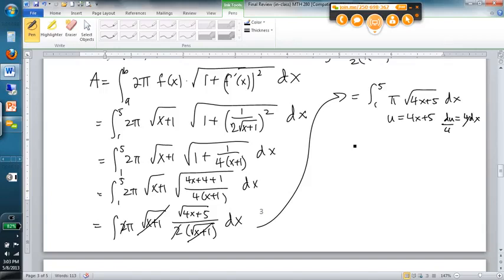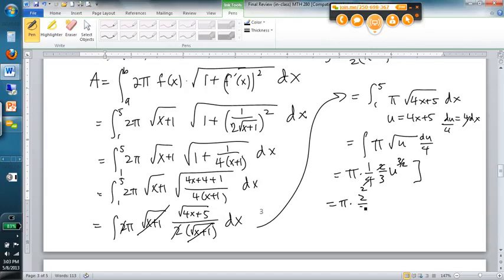du over 4. So it's going to be the integral of pi square root of u du over 4. So you get pi times 1/4 square root of u, antiderivative would be u to the 3/2. So it'll be 2/3 times u to the 3/2. But u, cancel the 2's out, so it'd be pi times 2/3.